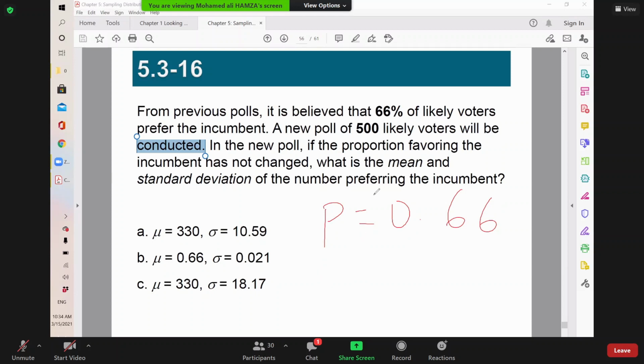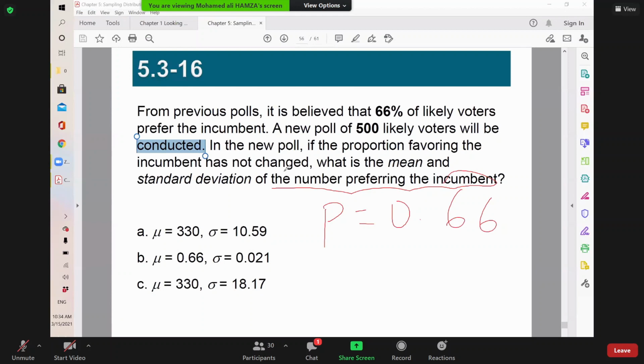Okay, here what is the mean of the number if the proportion has not changed? What is the mean and the standard deviation of the number? Here we talk about the number preferring the incumbent, meaning the count, it's not a proportion. Be careful here.